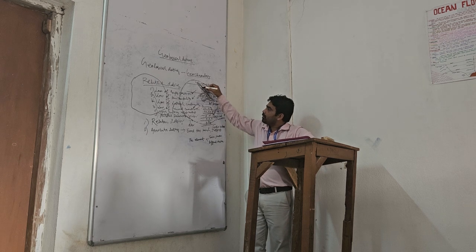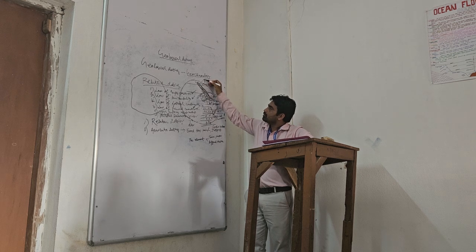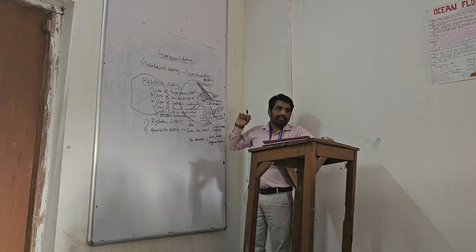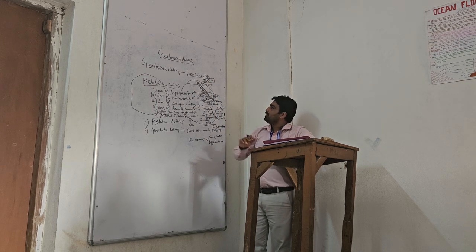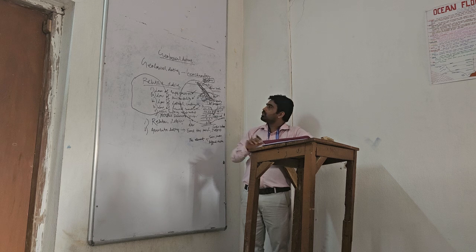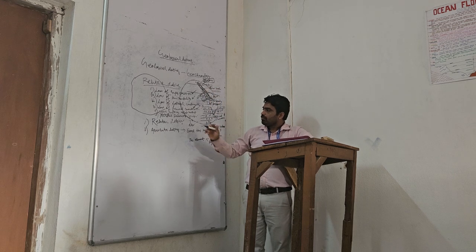The intrusive material will be younger than the host bed. Host bed means the bed which it is cross-cutting. So this will mark the younger one, and this will be the older bed. This will be younger, this will be older.